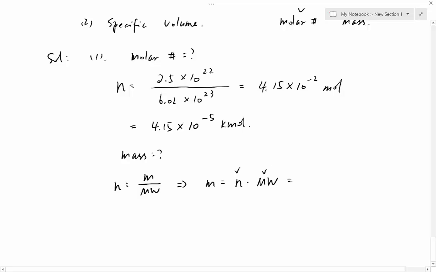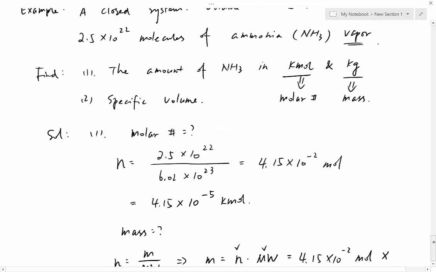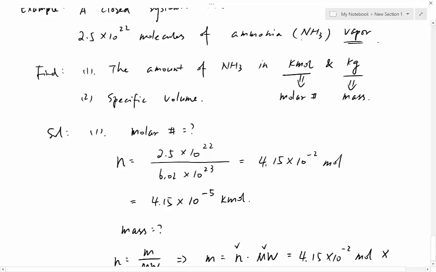Molar number is 4.15 times 10 to negative 2. Here I'm going to use mole because mole is the SI unit. Multiplied by molecular weight. What is the molecular weight of NH3? If you go to the table and go to nitrogen, what is the molecular weight of nitrogen? 14.